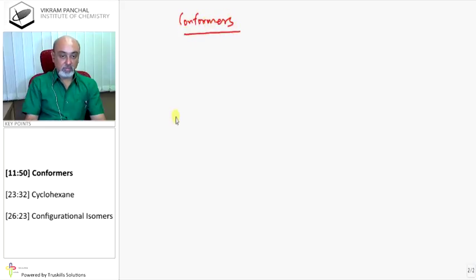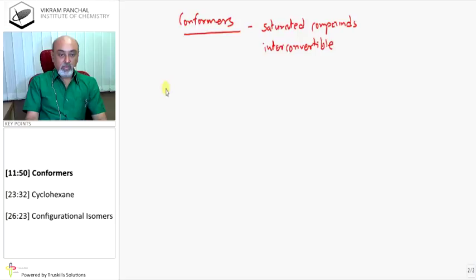Conformers are possible in alkanes, that is, for saturated compounds. They are interconvertible. For example, let us take ethane. We write the structural formula of ethane like this, but this is wrong.